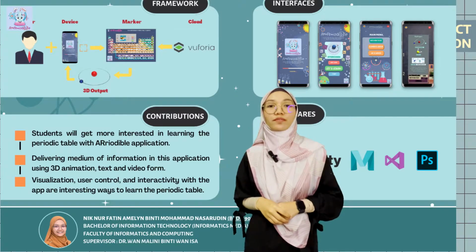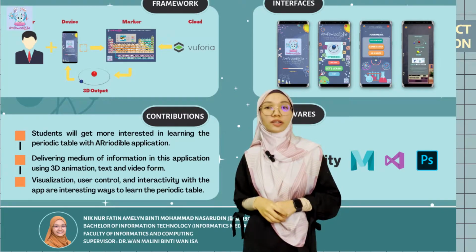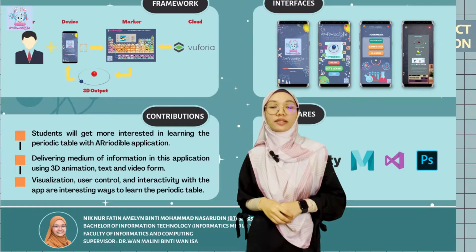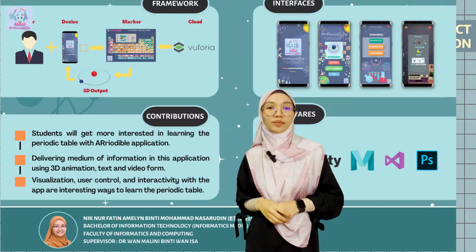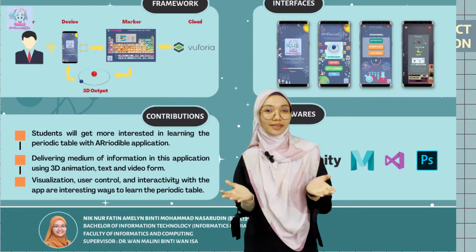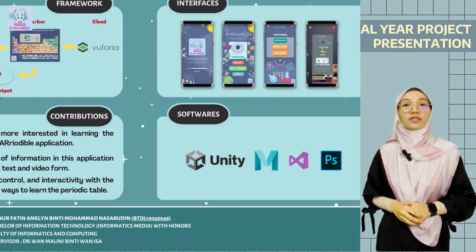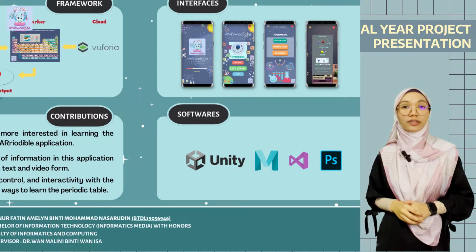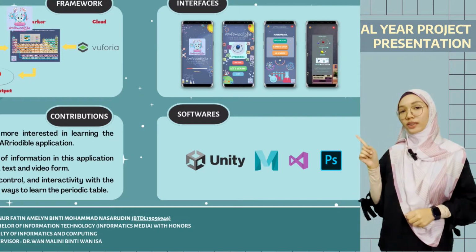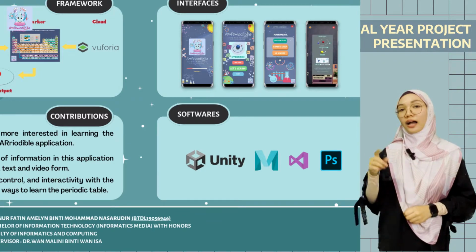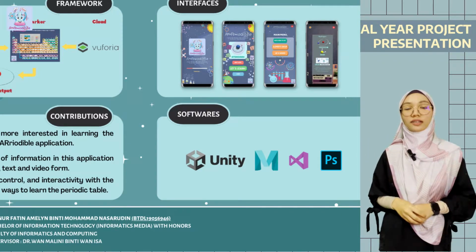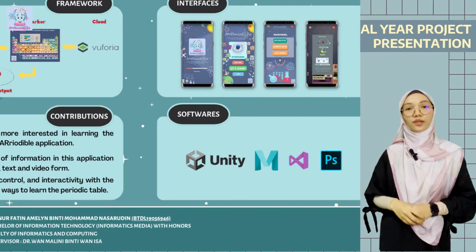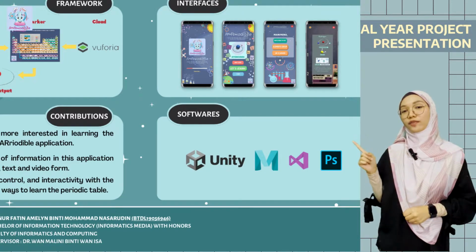Lastly, visualization, user, and interactivity with the app are the interesting ways to learn the periodic table of elements. Lastly, softwares used to develop ARriodible application are Unity 3D, Autodesk Maya, Visual Studio, and Photoshop.